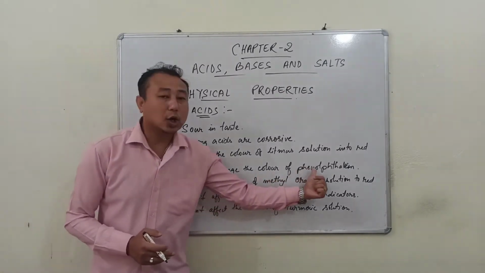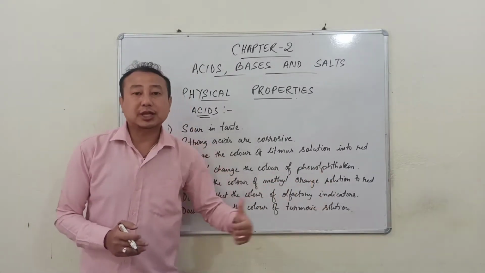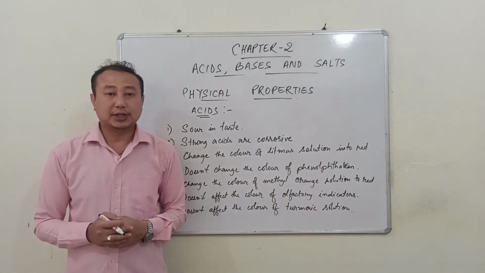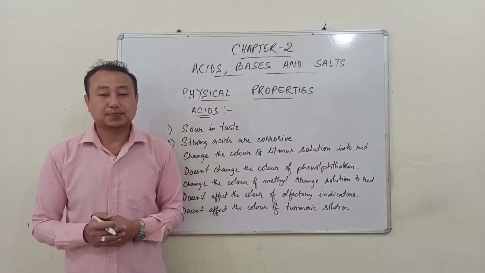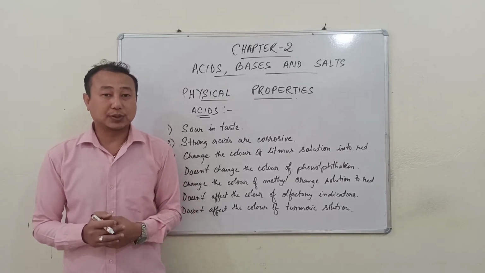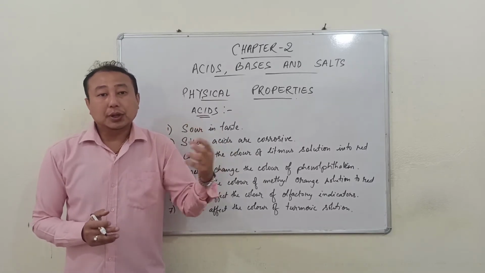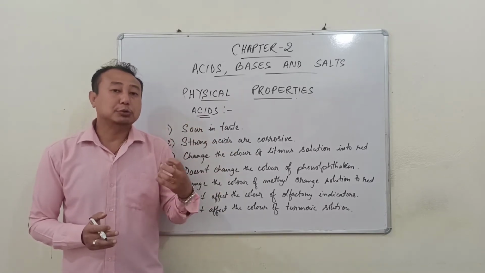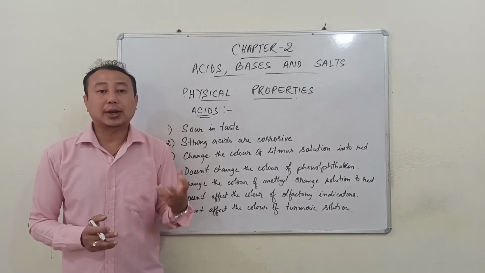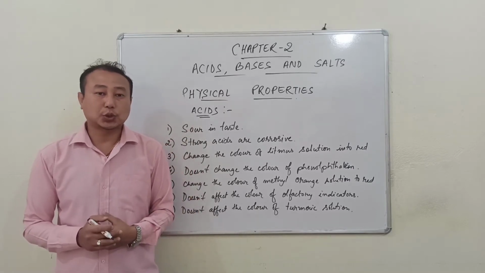Now let's come to the next point. Does it change the color of phenolphthalein? Phenolphthalein is also another type of indicator which is colorless. It is also in the form of a liquid. So when we mix a few drops of an acid to the phenolphthalein solution, the phenolphthalein solution doesn't change its color and remains as a colorless solution.